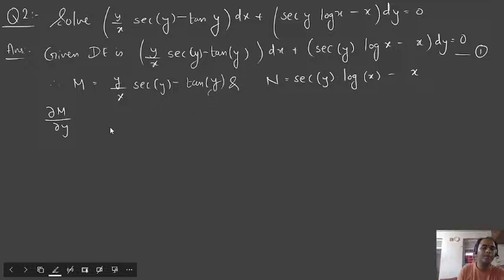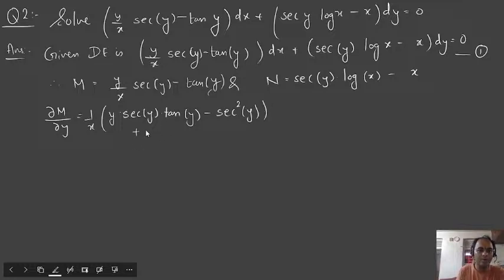Now when we do the derivative over here, y sec y, 1 upon x is constant, so it will stay outside. The derivative of sec x is sec x tan x, so the derivative of sec y will be sec y into tan y, and tan y derivative is sec square y.